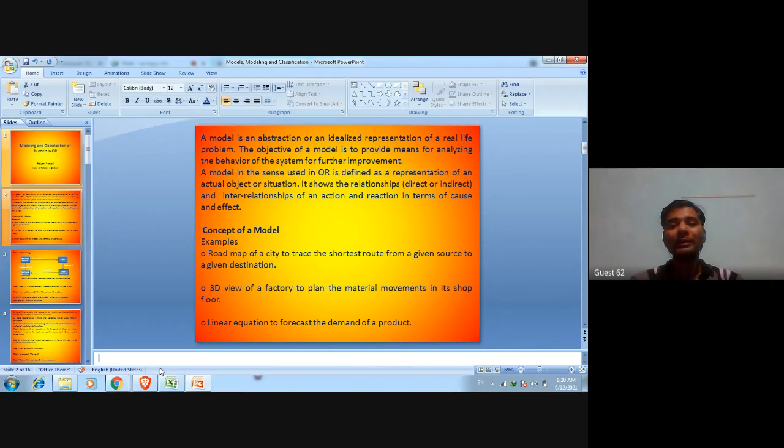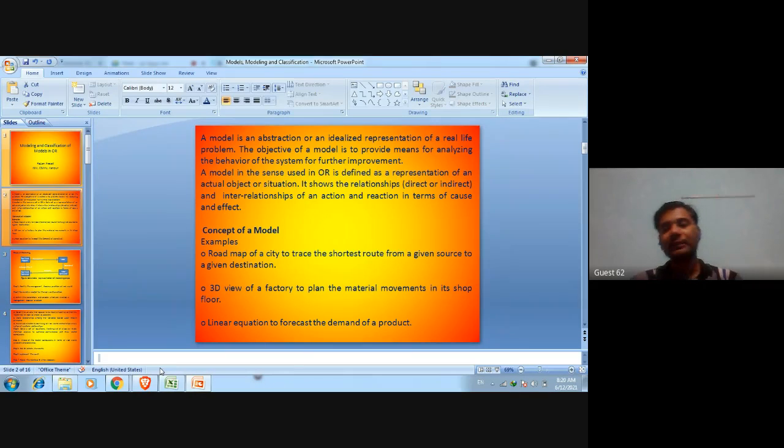A model is an abstraction or an idealized representation of a real life problem. I will also explain it by an example. The objective of a model is to provide means for analyzing the behavior of the system for further improvement.